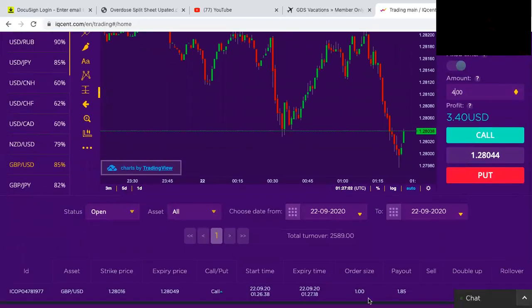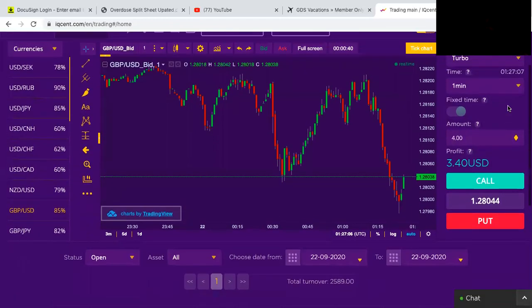Okay, we're currently winning that trade. It'll run out at 18 seconds. Not quite there yet. We won that trade. Next trade is $4.